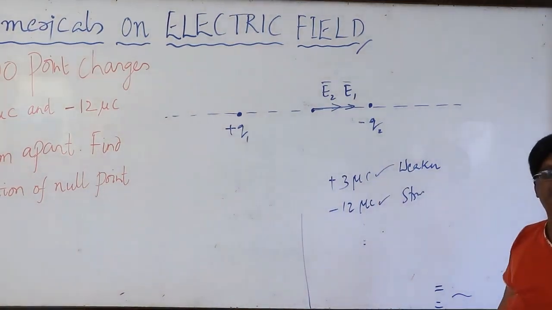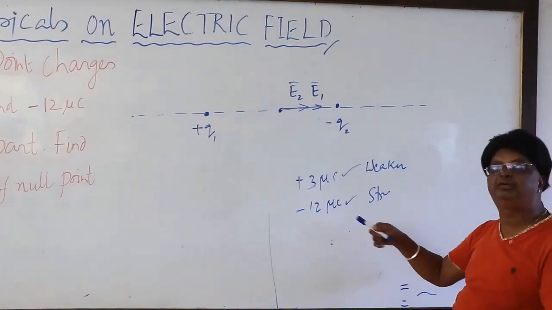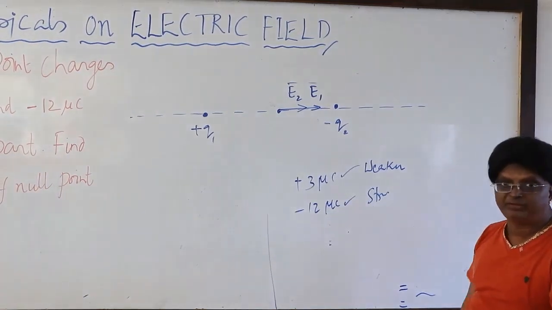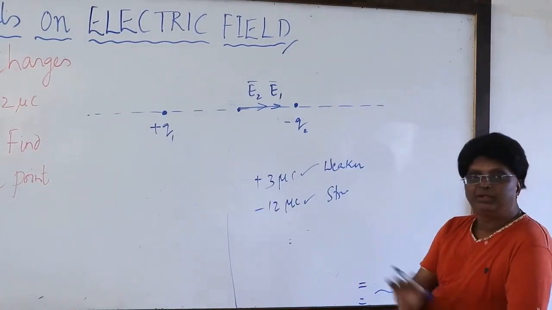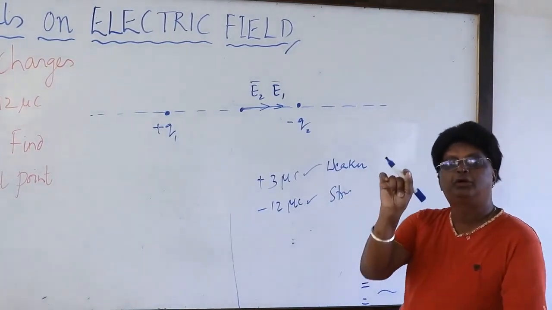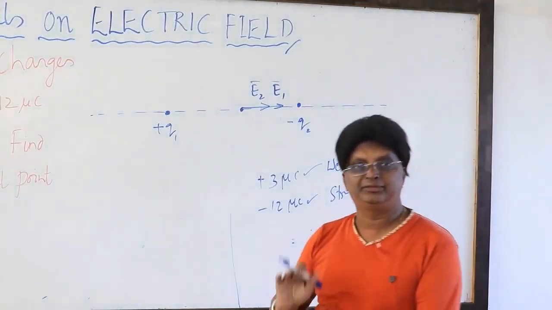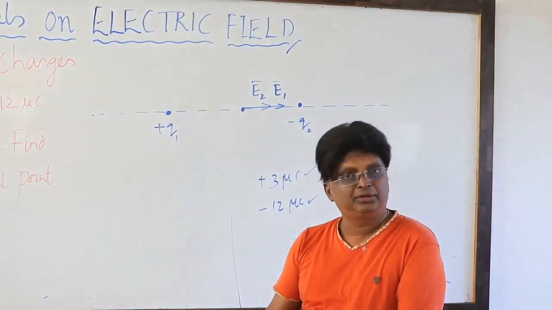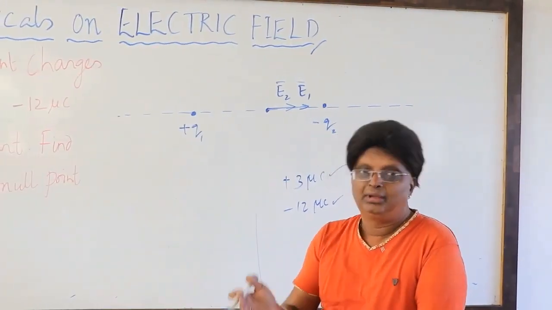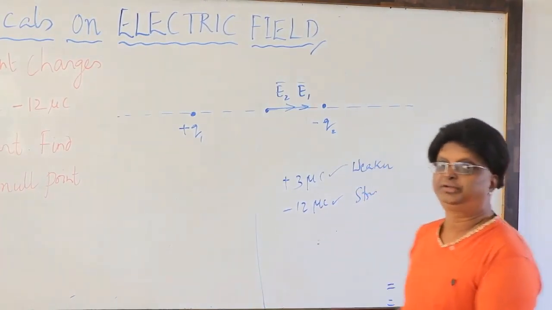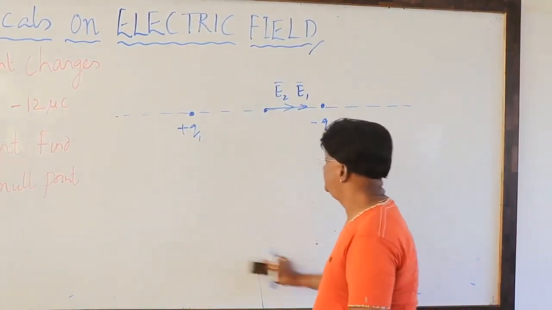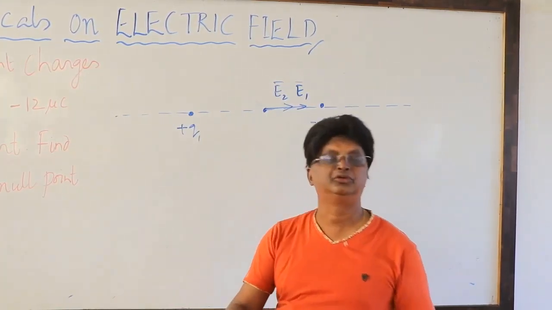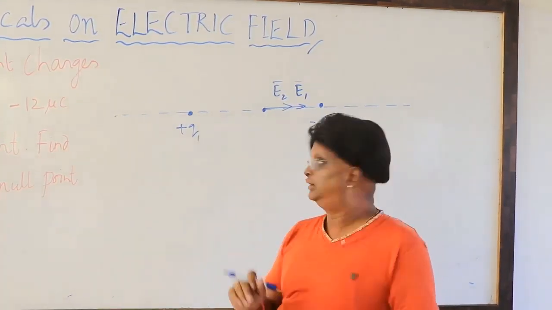Now don't use your mathematics and say, sir, minus 12 is less than plus 3. No, it is not like that. Only the magnitude you have to take. Whichever has the higher magnitude, you call it the stronger charge, and the other becomes the weaker charge. Now the null point is always closer to the weaker charge.